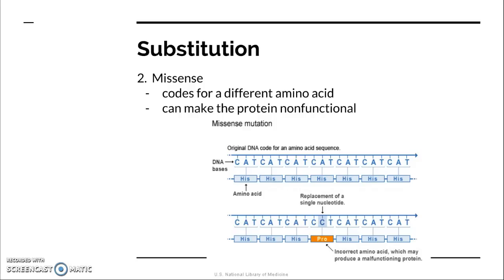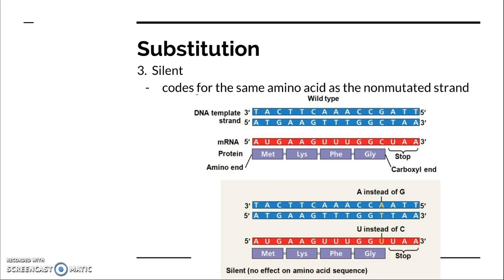And what that does is it actually changes the function of the protein. It can make that protein non-functional. It can make it into a totally different protein. And this is where we start to get some different kinds of disorders due to the proteins that we have or don't have.